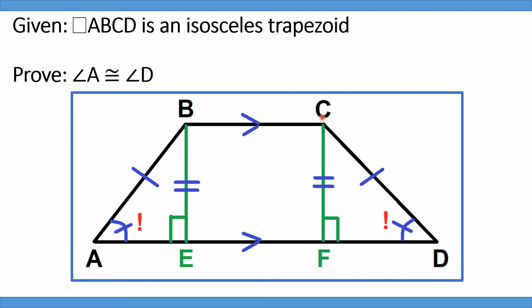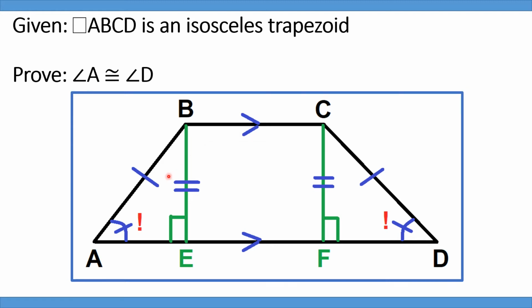Also, since line segment CF is perpendicular to line segment AD, then angle CFD is a right angle. So, since all right angles are congruent, angle BEA and angle CFD are congruent. Also, we can say that line segment BE is congruent to line segment CF because parallel lines are everywhere equidistant.